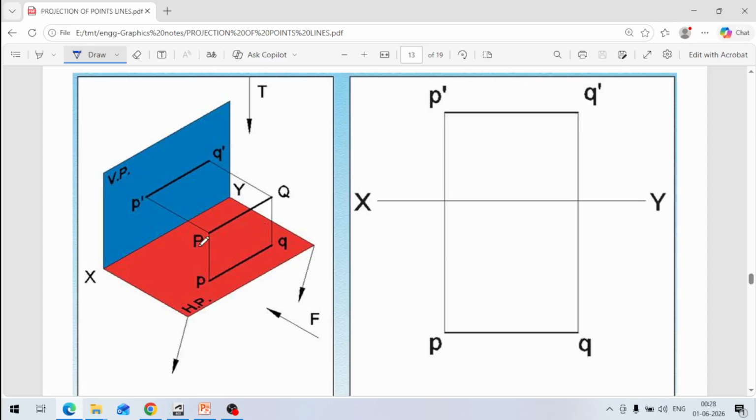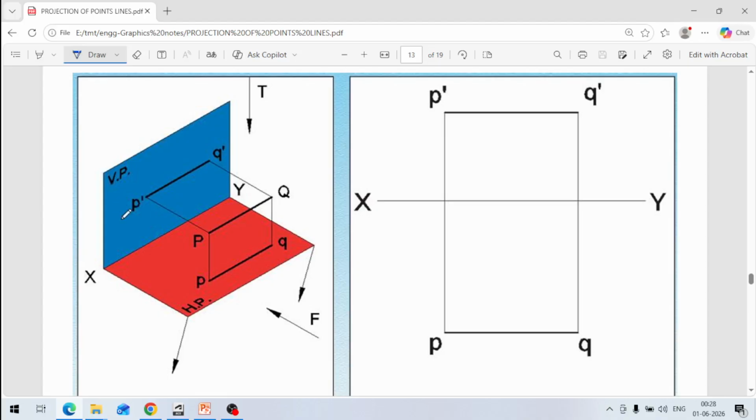If we rotate this horizontal plane by 90 degrees, it becomes a plain sheet, plain paper like this. This is the XY line. Below this line is HP, the horizontal plane which we have rotated, and above this XY line is our vertical plane.